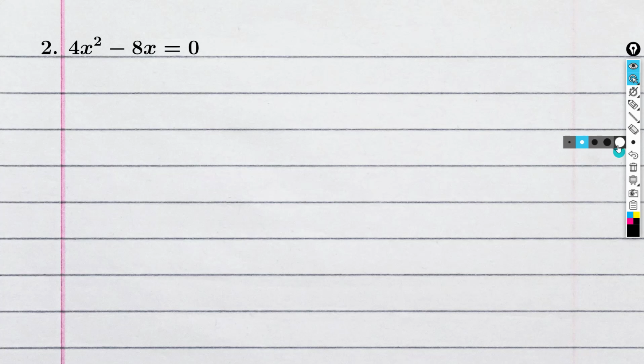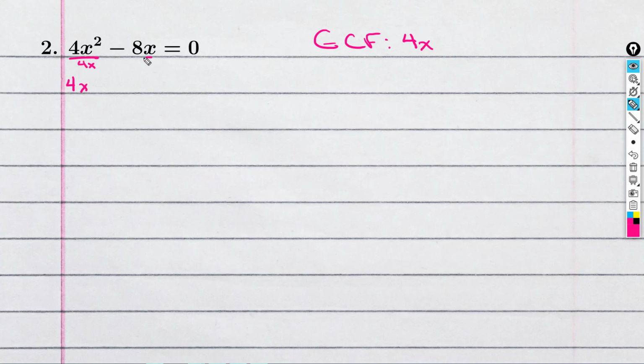And on the second one, again, I'm looking for that GCF first. And so my GCF, this time, there's a number that can divide into both 4 and 8. That number is 4. There's an x in both parts. So my GCF is 4x. I write that down to where it's in front of my parentheses. I'm going to divide both of them by 4x.